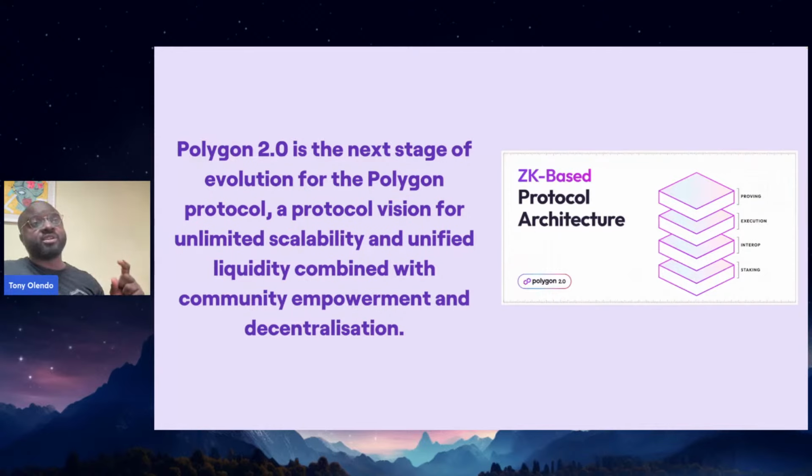We have execution environments that exist inside of the various chains that are part of the Polygon ecosystem. We have an interoperability layer that facilitates cross-chain communication, and we have staking that facilitates basic rewards for validators and participants inside of the network.